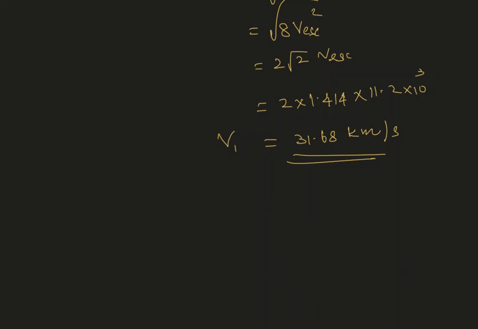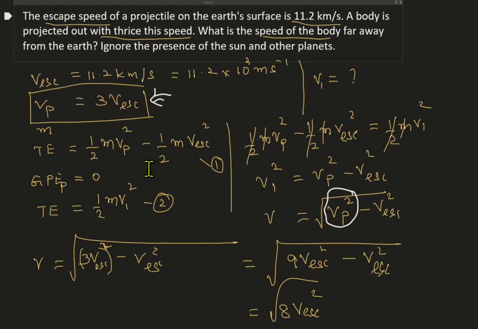Okay, so let me summarize this problem. The escape speed of a projectile on the Earth's surface is 11.2 km per second. A body is projected out with thrice the speed. What is the speed of the body far from the Earth? So what are the important relations here? You have to work out the total energy using the kinetic energy of projectile and escape velocity.